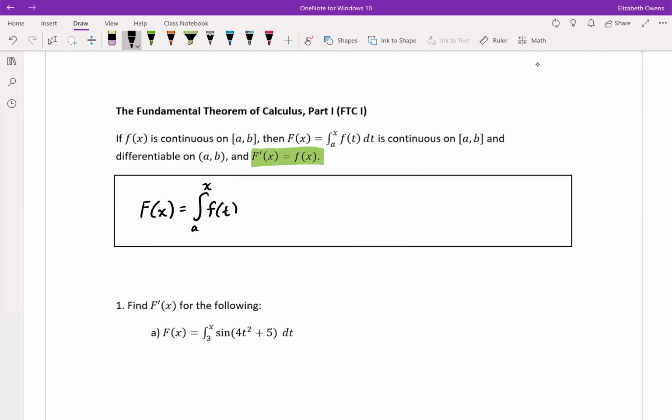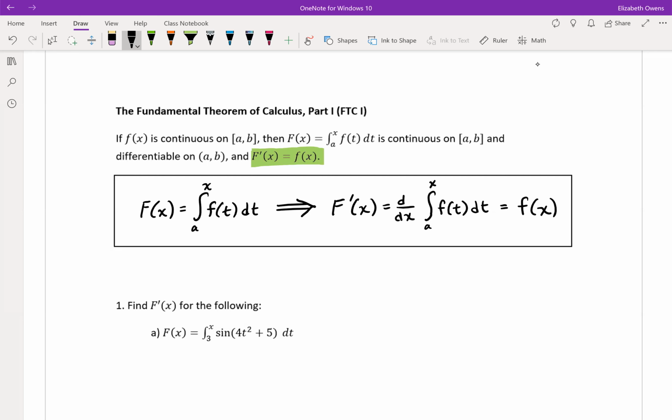So if we're taking big F of x as an integral from a to x, f of t dt, so if capital F is defined by an integral and you take its derivative, d dx of that integral from a to x, f of t dt, you are just going to get little f of x back out of that.